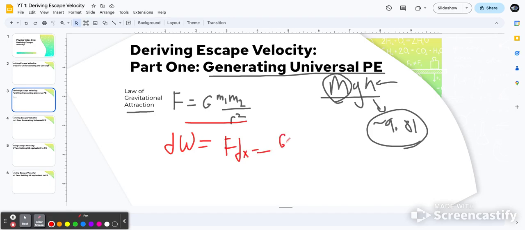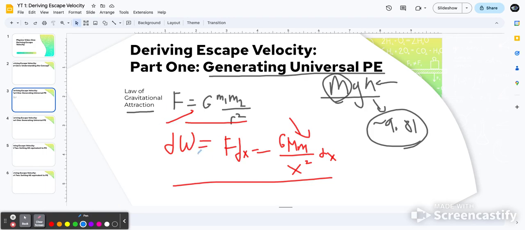It does require a little bit of calculus. I'm going to change it from M1, M2 to M and M, because this is how the universal potential energy is written. So we get this equation. By taking the derivative of this equation, we find the work needed to get this done.